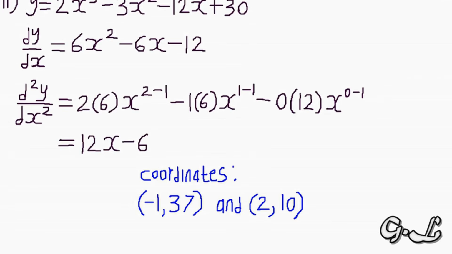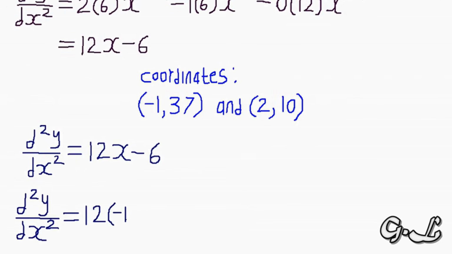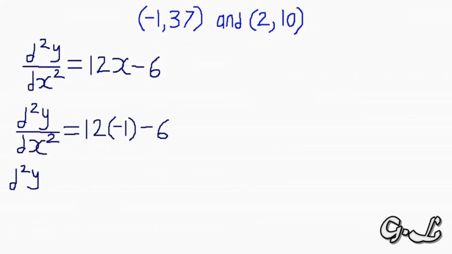In d2y dx squared, wherever there is x, we're going to replace it with -1. And then it will be 12, open brackets, -1, close brackets, -6.